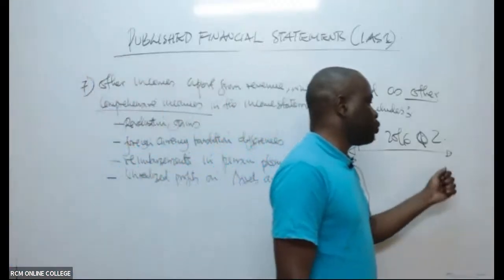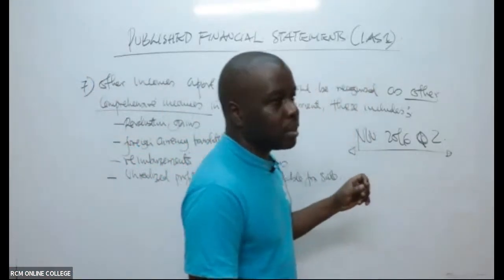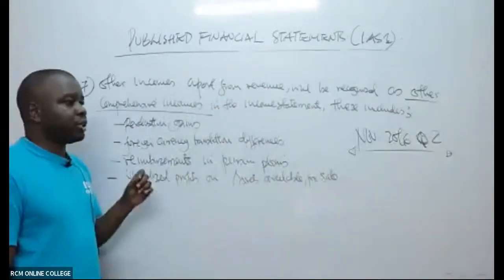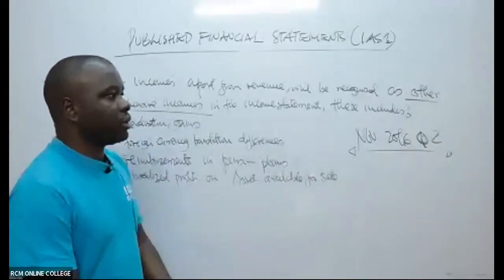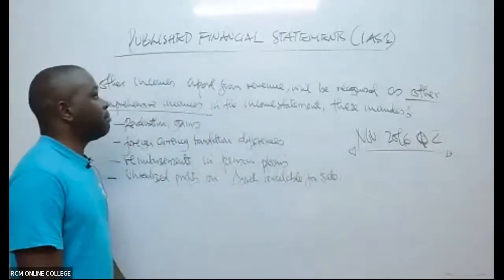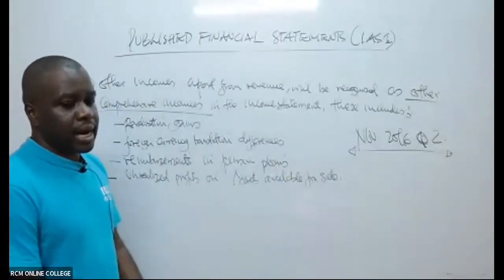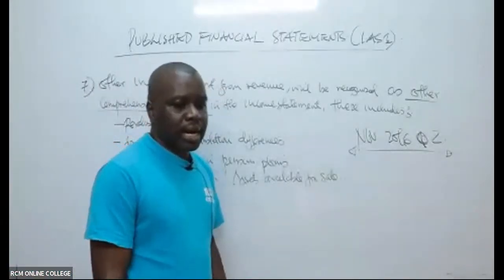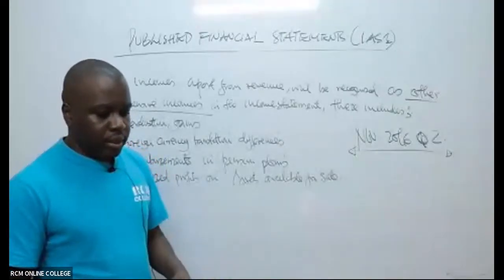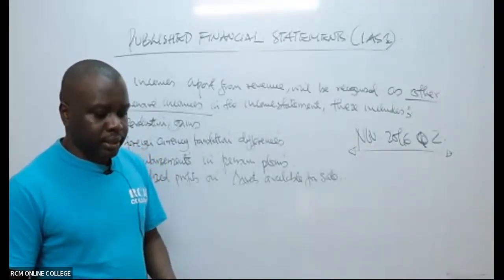Then eventually you prepare your statement of comprehensive income, statement of changes in equity, then the statement of financial position, as per the requirements of published financial statements under IAS 1. So I think we can end there unless there's any question.